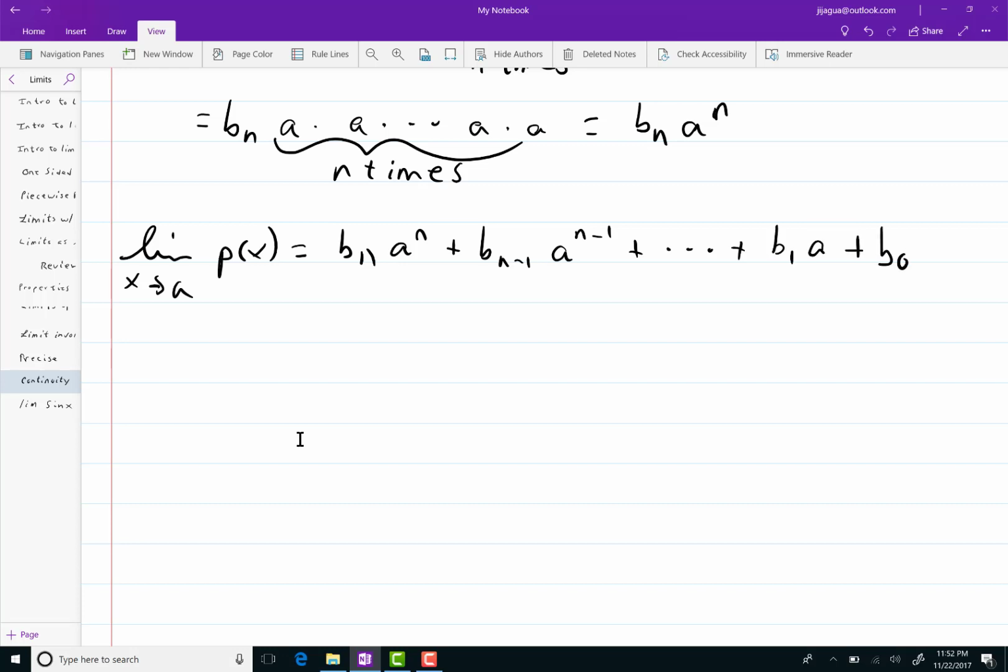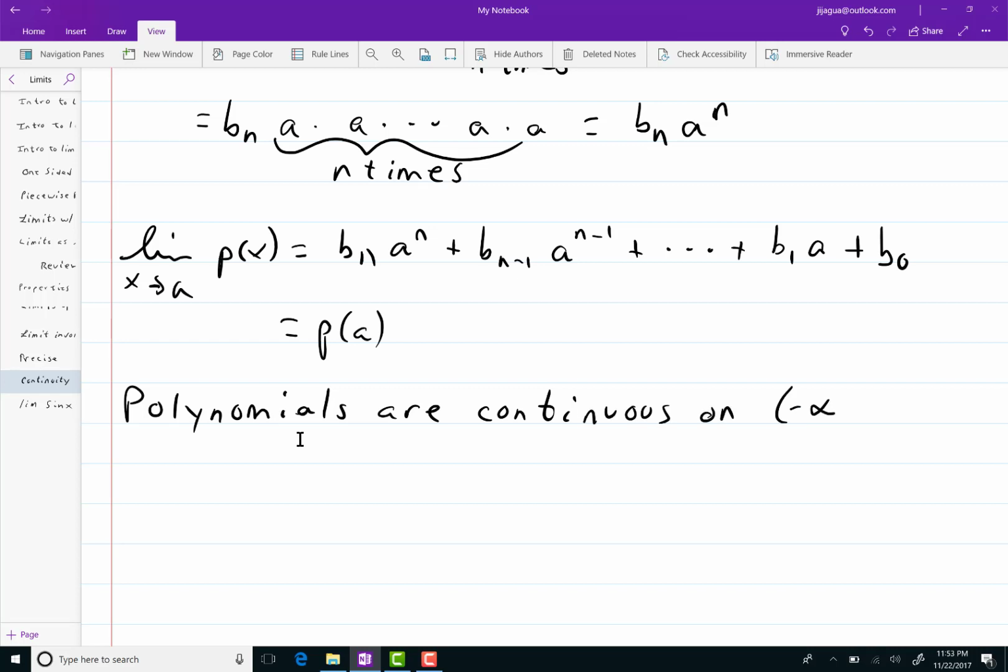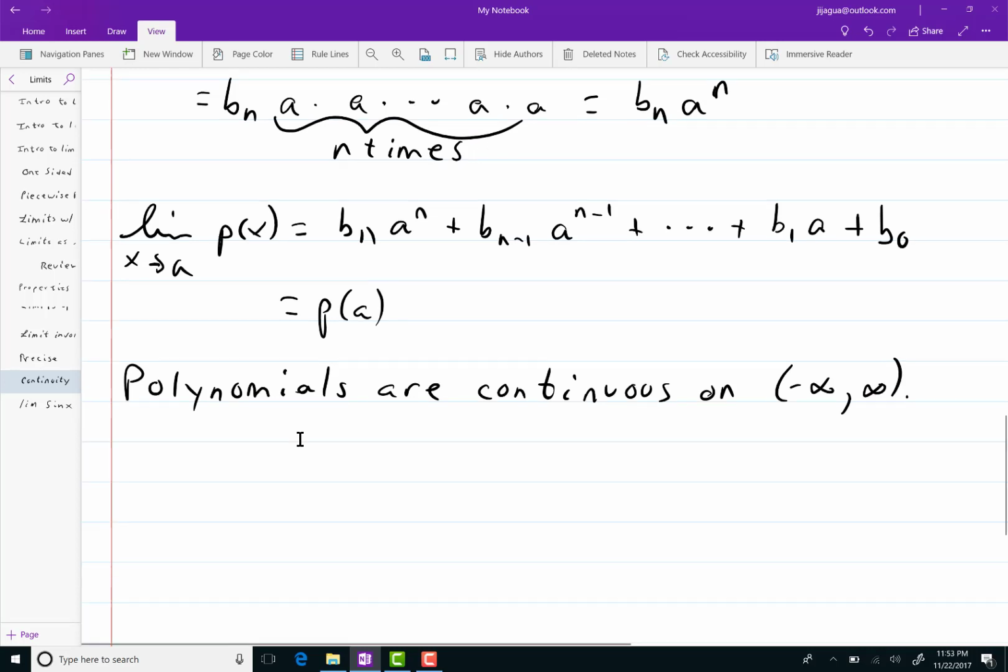Well, that's equal to p(a). Since I didn't specify the a, this means that polynomials are continuous on the interval negative infinity to infinity.